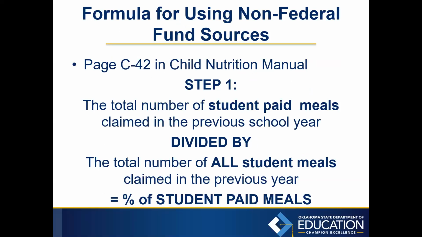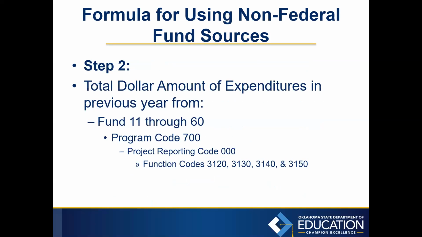Let me make sure I'm reading that. Total number of student paid meals claimed in the previous year. And then you're going to divide it by the total number of all student meals. So you're going to divide your paid meals into your all meals and get the percentage of student meals that you had that were paid. Then in step 2, you're going to look at your expenditures in Fund 11 through 60, anything with program 700.